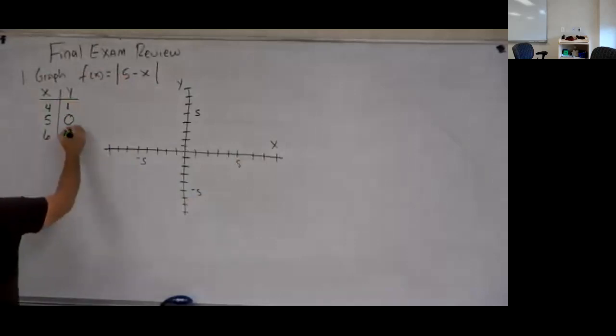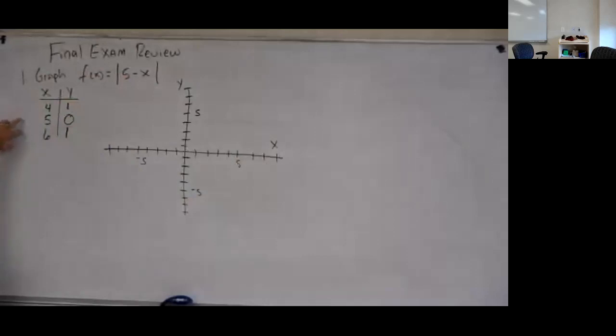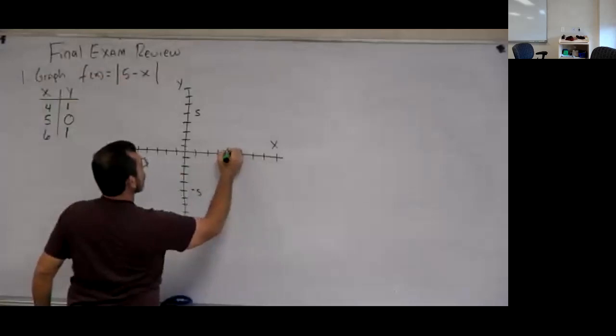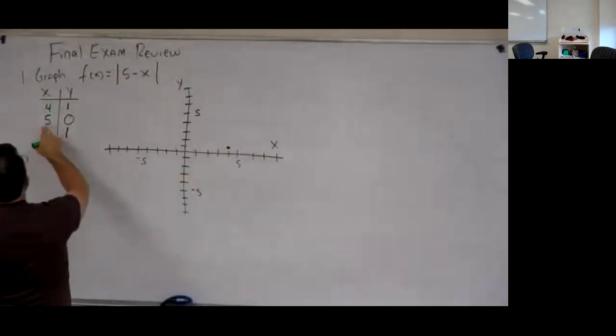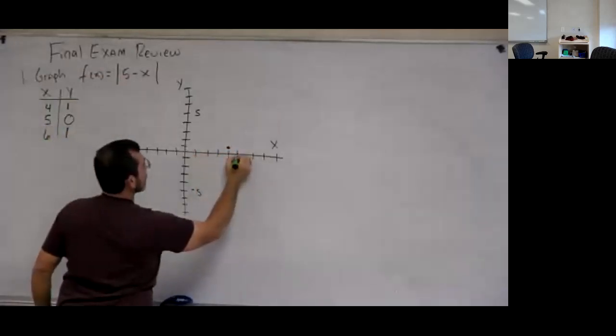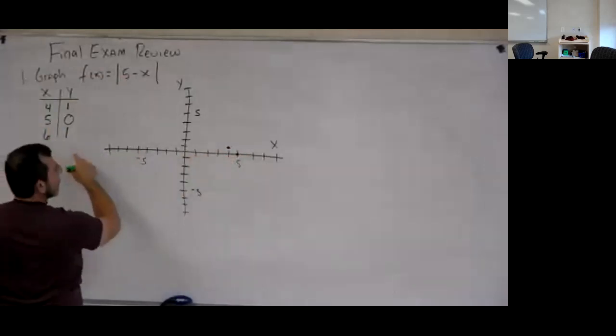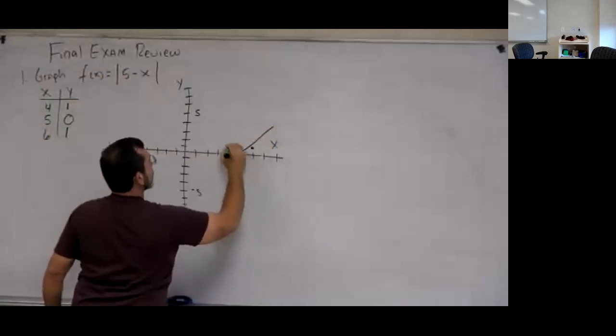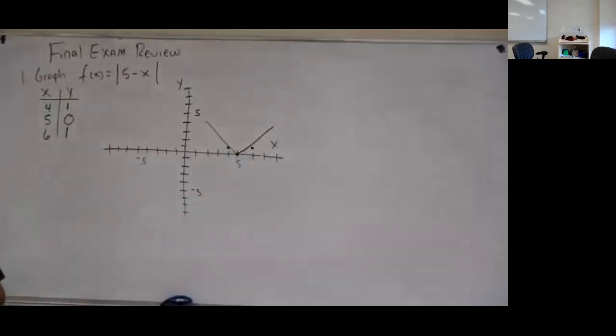Absolute value of 1 is 1. So you're going to see some symmetry on these. So let me go 4, 1, coming over 4, go up 1. 5, 0, coming over to 5, 0. And then 6, 1. So y'all, when you're done, that should be a V.